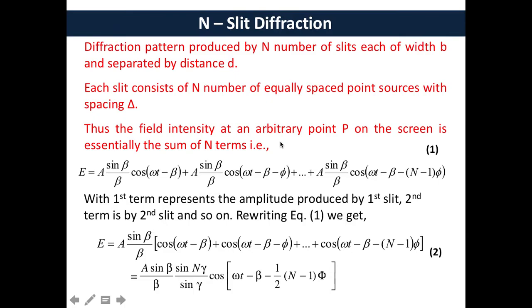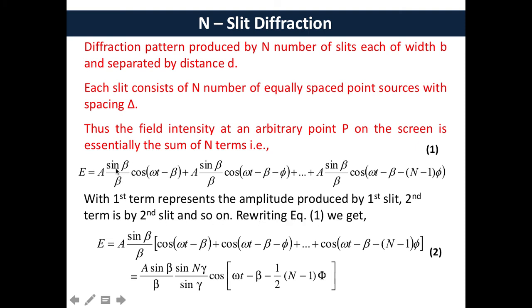So here the total field we can write: E is equal to a sine beta upon beta cos omega t minus beta, plus a sine beta upon beta cos omega t minus beta minus phi, and so on up to the last term, a sine beta upon beta cos omega t minus beta minus n minus 1 phi. Okay, here the first term represents the amplitude produced by the first slit, the second term is by the second slit, and so on. So we can rewrite this equation.